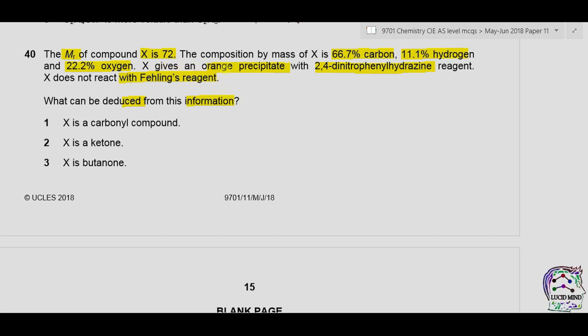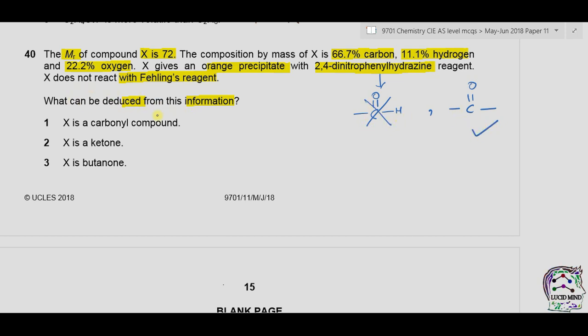First, X gives an orange precipitate with 2,4-DNPH. It means X can be an aldehyde or ketone. Second, X does not react with Fehling's reagent. Ketones do not react with Fehling's reagent, but aldehydes do react, so therefore it is not an aldehyde, it is a ketone.